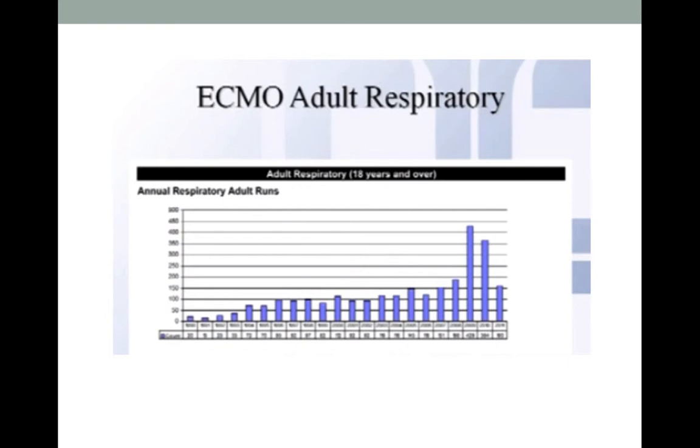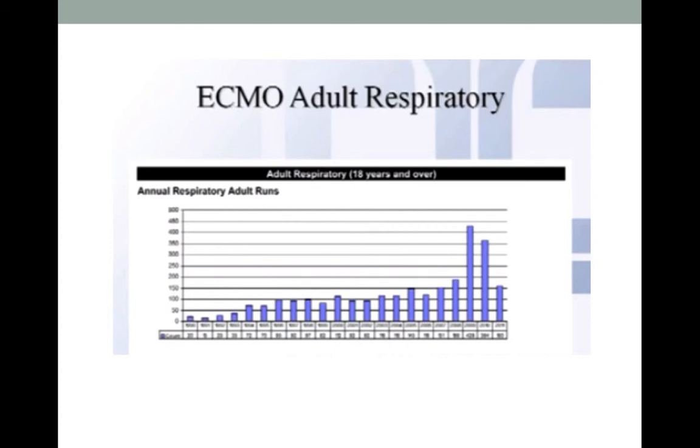What this slide is showing, it's kind of hard to see, but I believe this starts in the early 90s and goes to present time. If you see that spike there, that is from 2011, during the H1N1 outbreak. They had a huge surge of ECMO used on adults with ARDS.